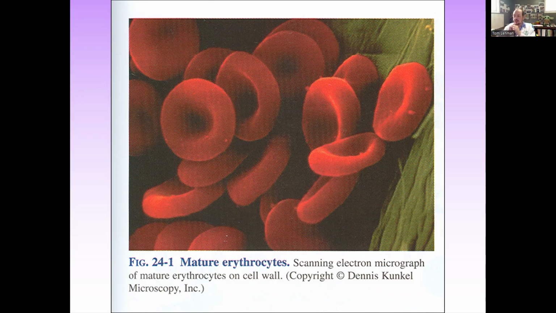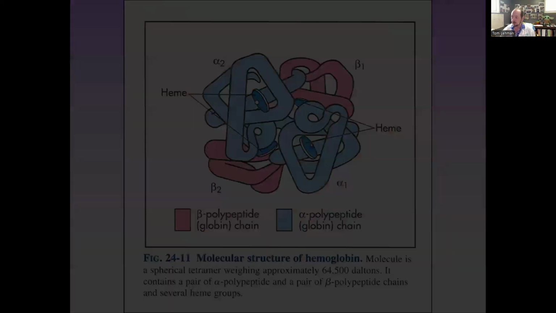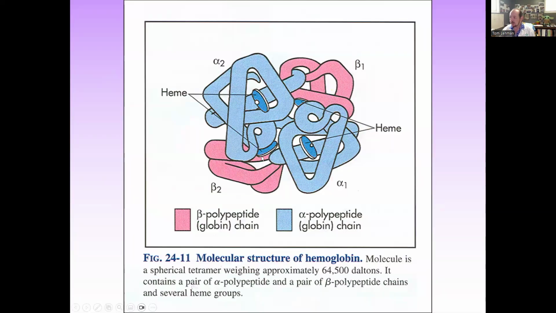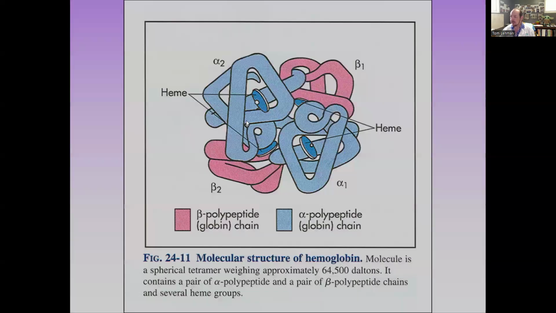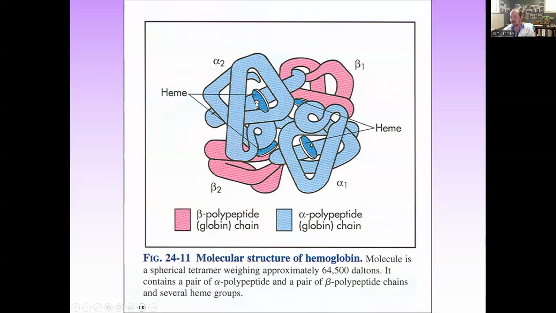They soak up carbon dioxide, go back to the lungs, release it, pick up oxygen, back and forth, back and forth. The molecule that makes up the inside is hemoglobin. Hemoglobin is made of these four big globin proteins, and this little saucer called heme. That heme pigment has an iron atom in it, and this allows us to actually grab onto that oxygen and carry it through the bloodstream.